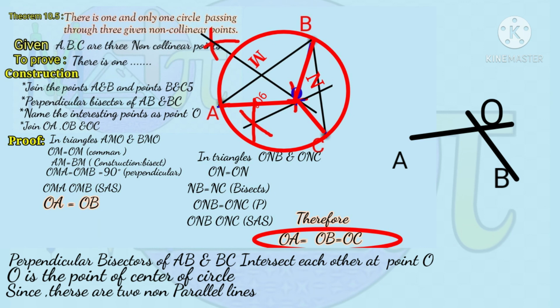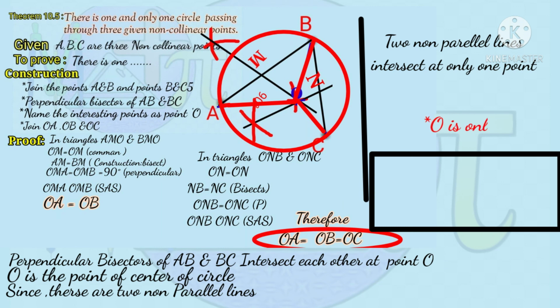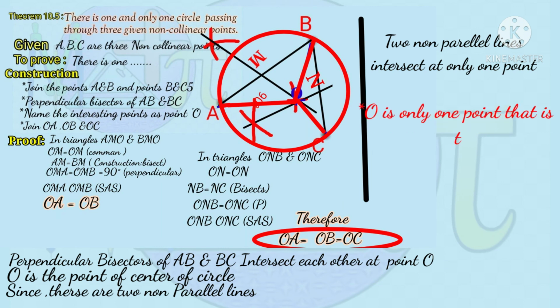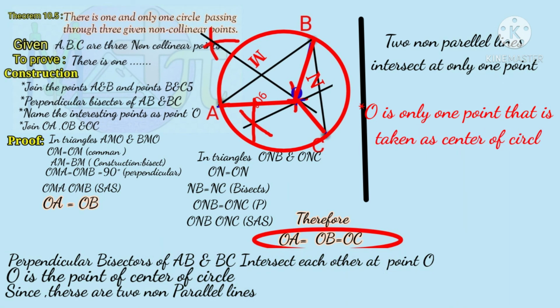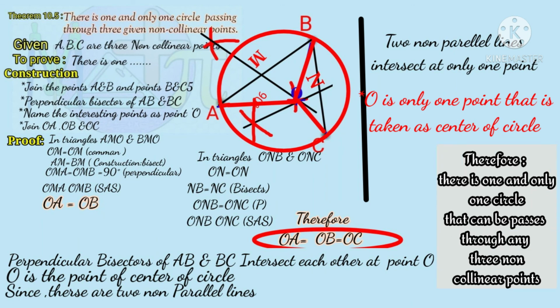Since the perpendicular bisectors are non-parallel lines, and any two non-parallel lines always intersect each other at a single point, and here the intersecting point is O, there is one and only one circle that can pass through 3 non-collinear points. Hence it is proved.